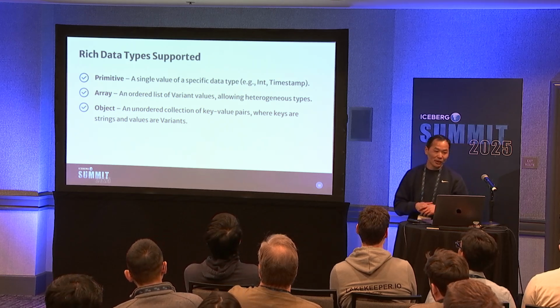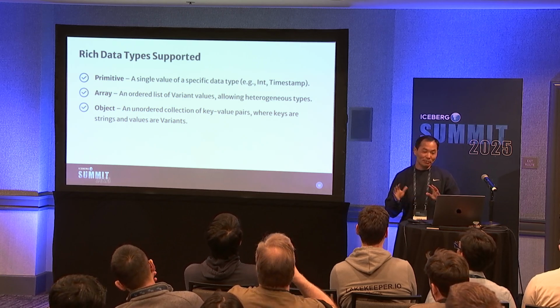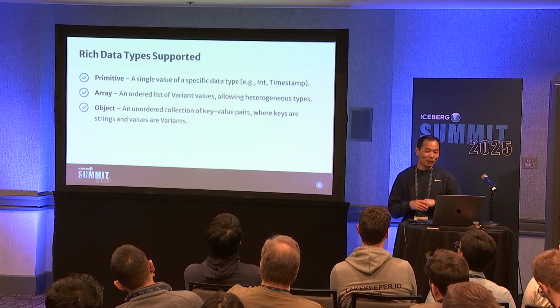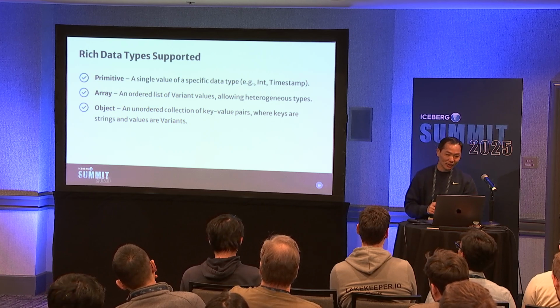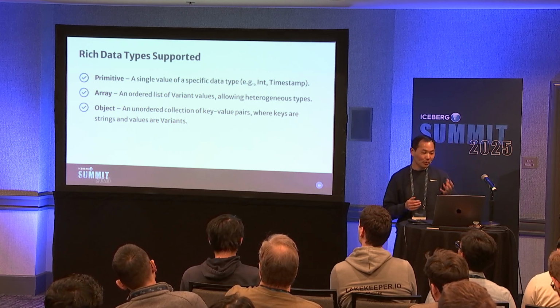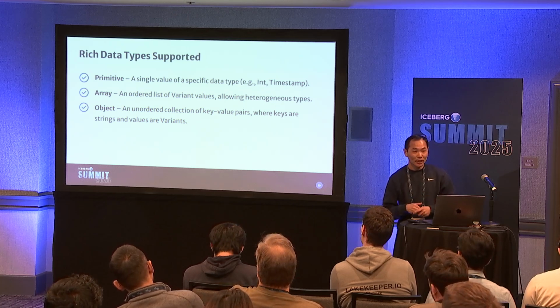So for variant, most of the Iceberg data types can be supported. For example, primitive types, such as int and timestamp.